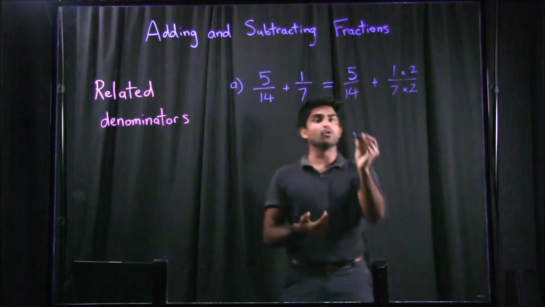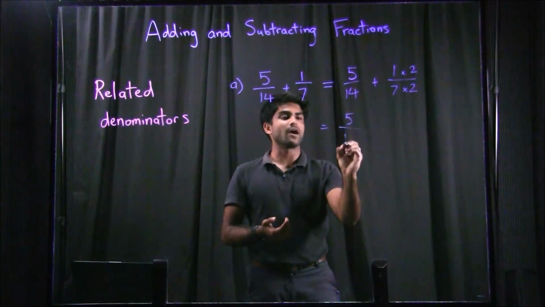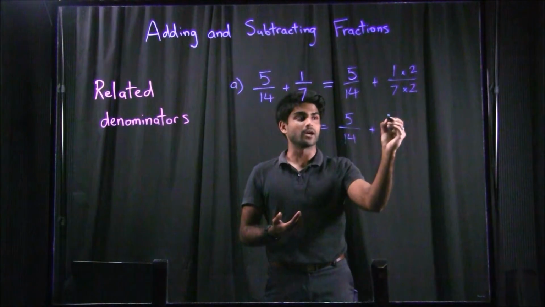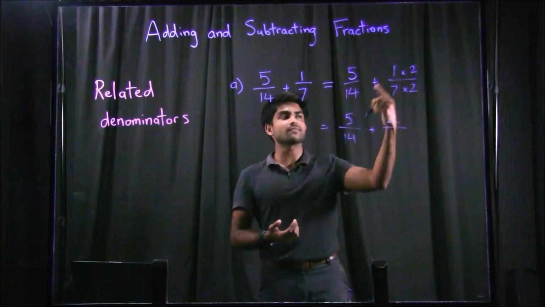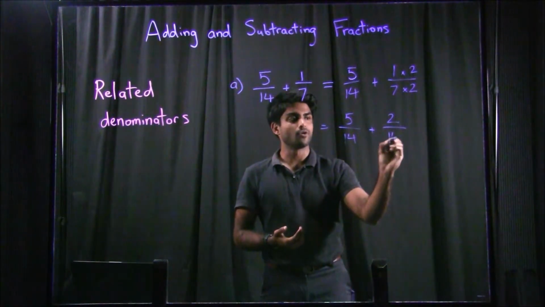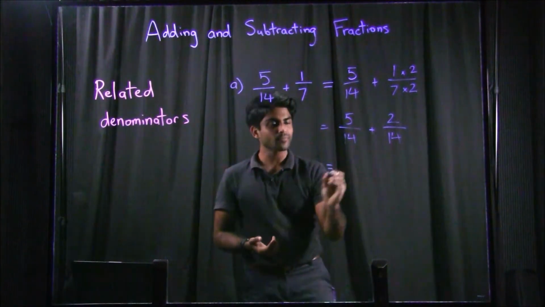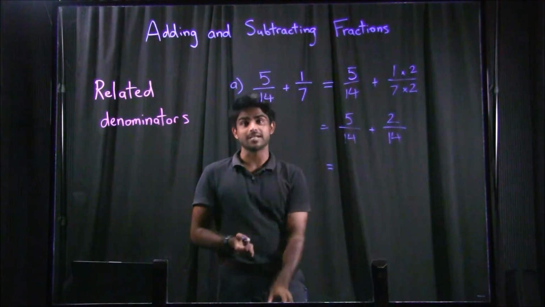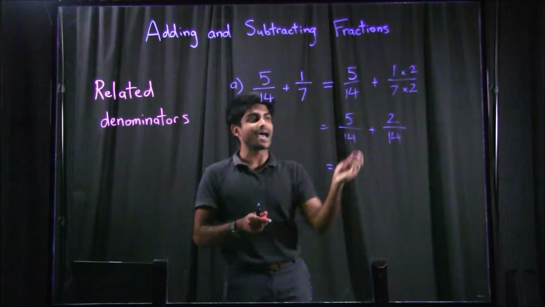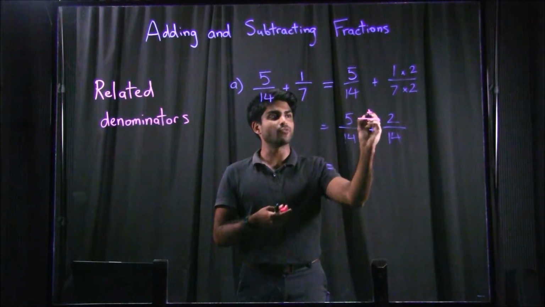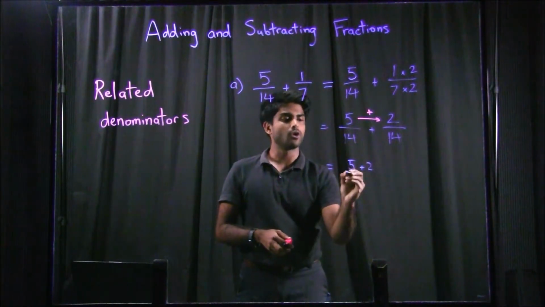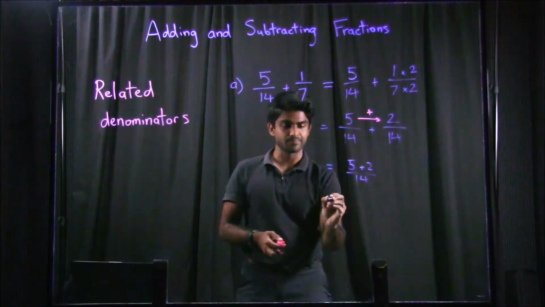On our second line, all we need to do is simplify the top and bottom on the right. So 1 times 2 would become 2, and 7 times 2 would become 14. Now our denominators are the same, they're both 14, so we can very simply add the numerators across as we did before, and we end up with 5 plus 2 over 14.